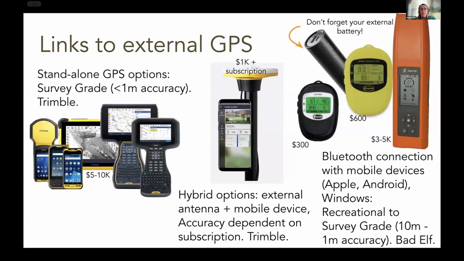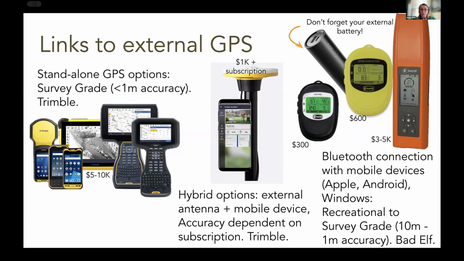Sometimes folks ask about external GPSs, and it is possible to use something more powerful than just your phone. There are standalone GPS options like the survey grade Trimbles. These are quite expensive, and in my opinion, now that I've used the less expensive version, kind of a pain.